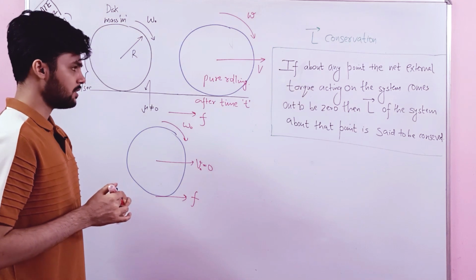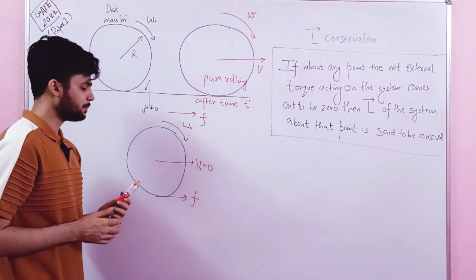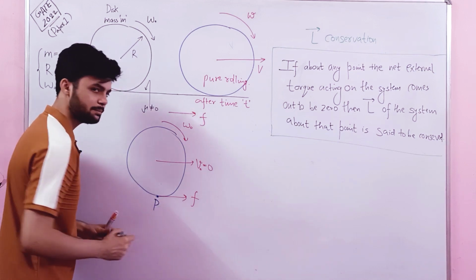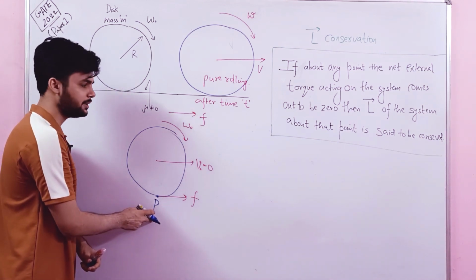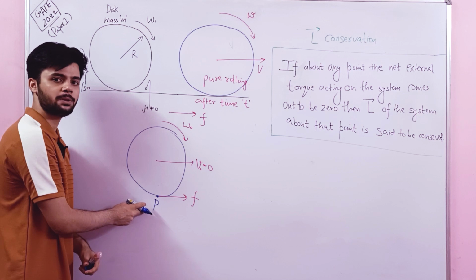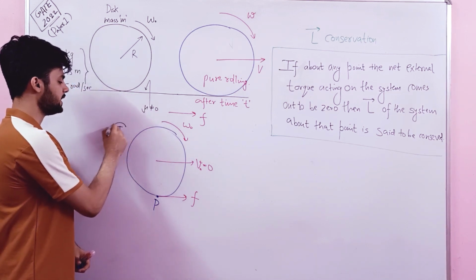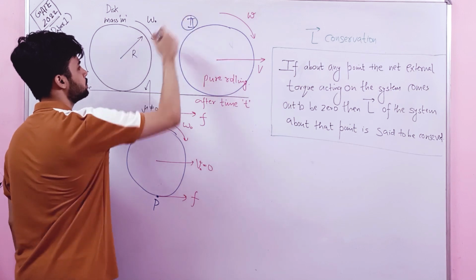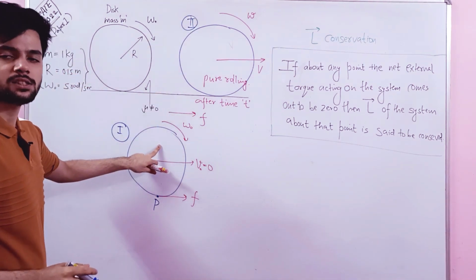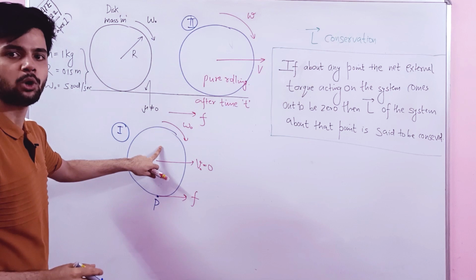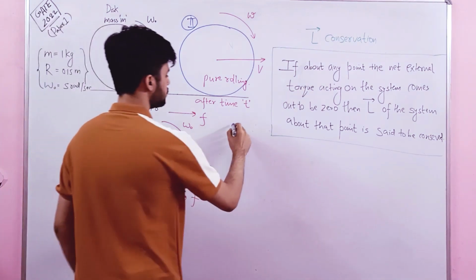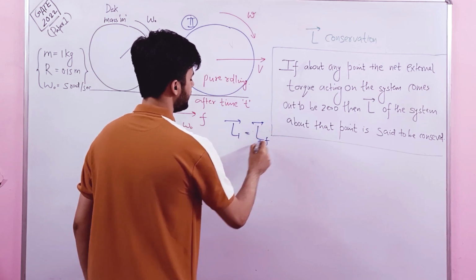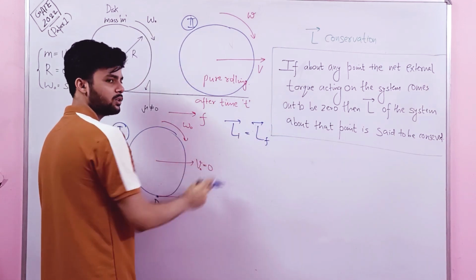Now we learnt earlier about angular momentum conservation, right? So if I take this point P, and I apply angular momentum conservation, let us take this as scenario 1 and this as scenario 2. Let us apply conservation of angular momentum about point P. So L initial equals L final, where L is the sign for angular momentum.